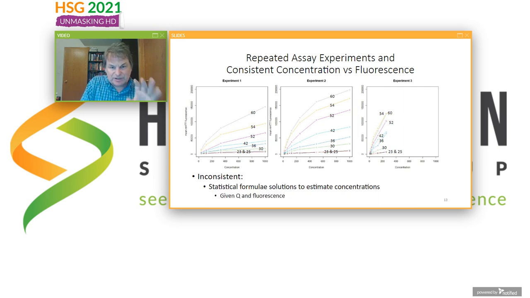Now, there's also an obvious inconsistency when I look at the plots of these three assays, again on the same scale, and that is the fact that the actual numbers we're getting from different combinations of Q lengths and concentrations are different on these three experiments.